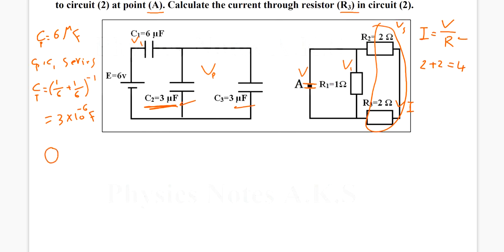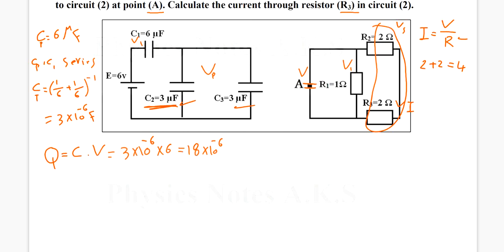So the total charge is going to be C multiplied by V. C is the total capacitance, which we found, 3 multiplied by 10 to the power negative 6, multiplied by the voltage of the battery, which is 6, and the answer is 18 multiplied by 10 to the power negative 6.